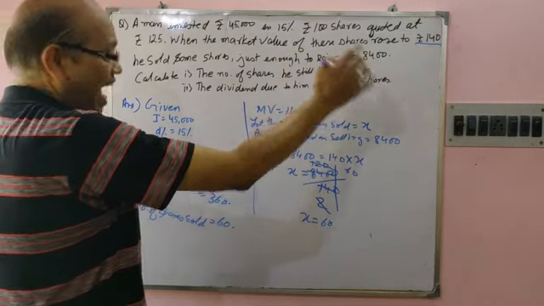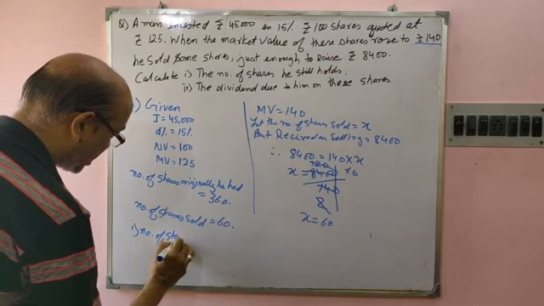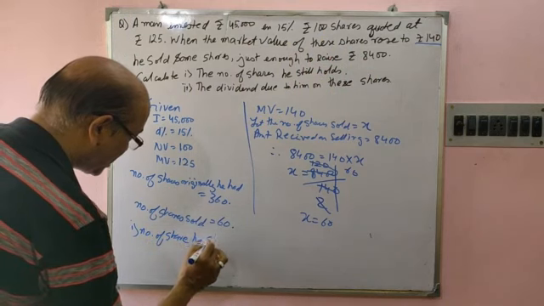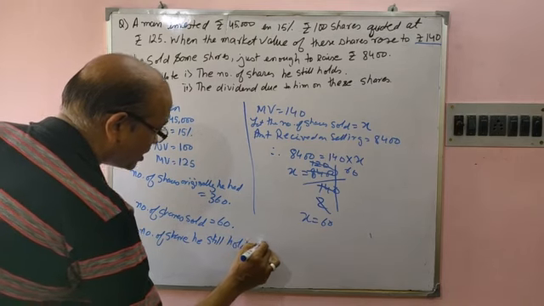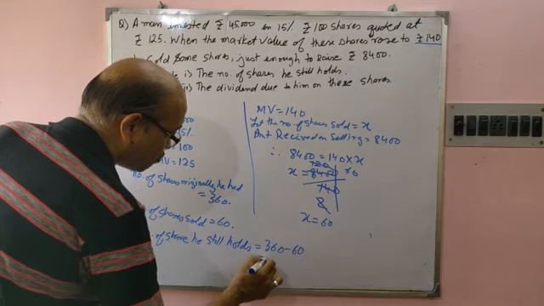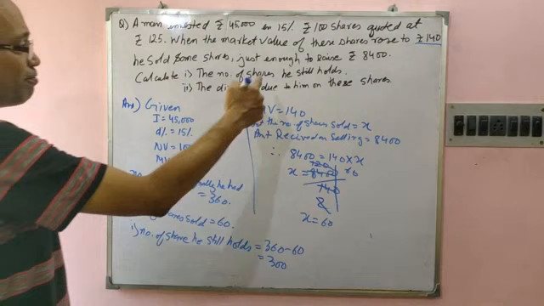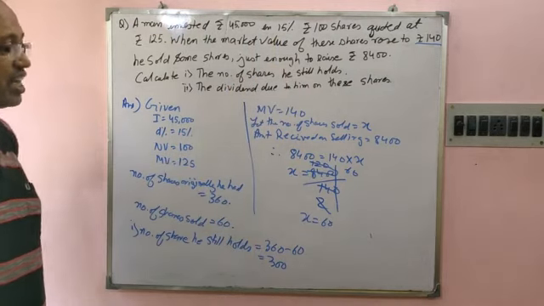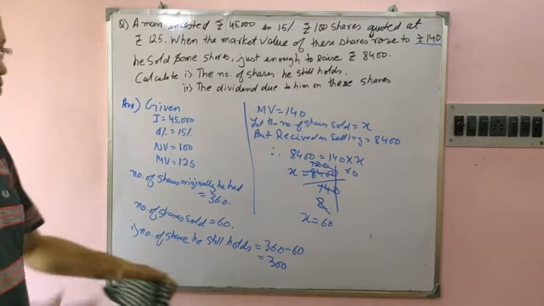Now, your first part, number of shares he still holds. The number of shares he still holds is 360 minus 60, which is equal to 300. So the answer for this is 300. He still has 300 shares with him.